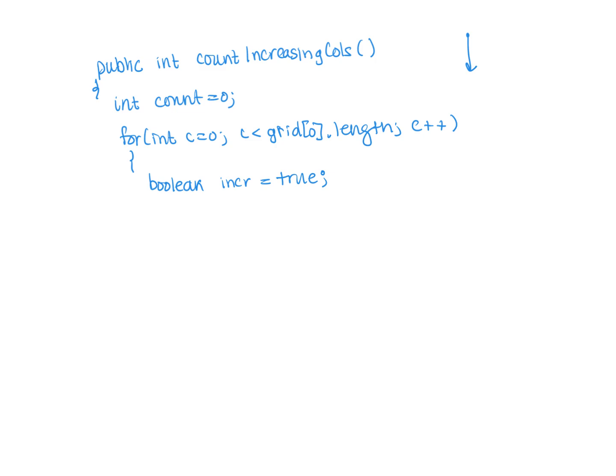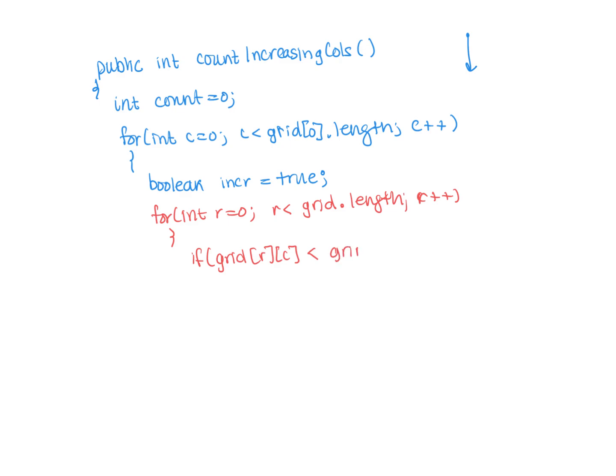So now looking at here, we're going to traverse our rows. So we're going to look and see if our previous element was bigger than our next element. So if grid[r][c] is less than grid[r-1][c]. Now I get a little nervous.